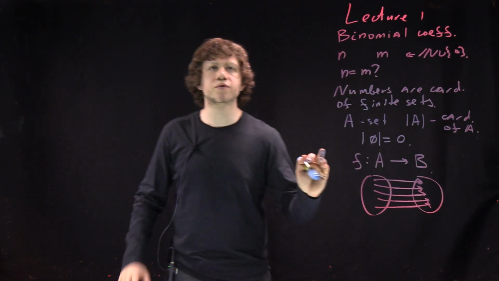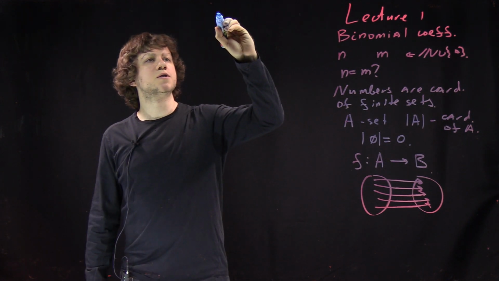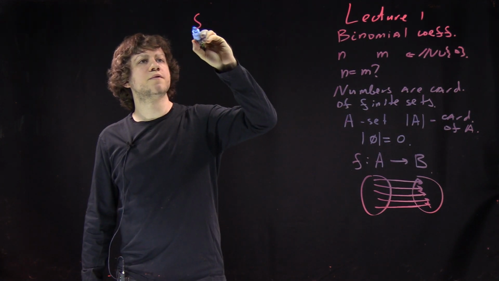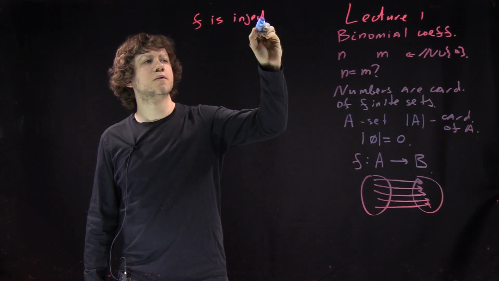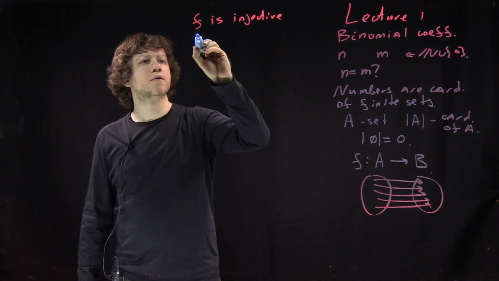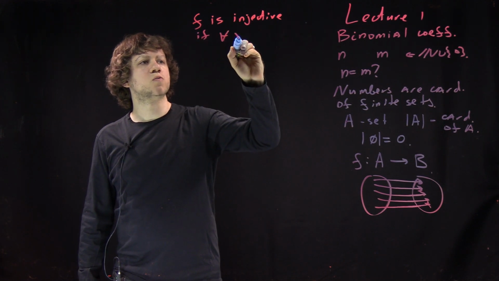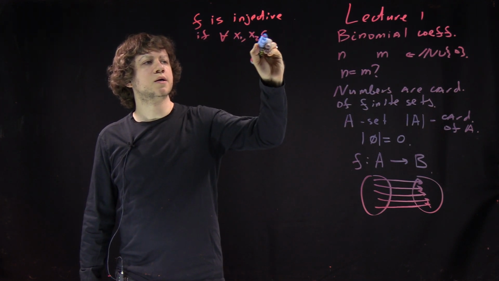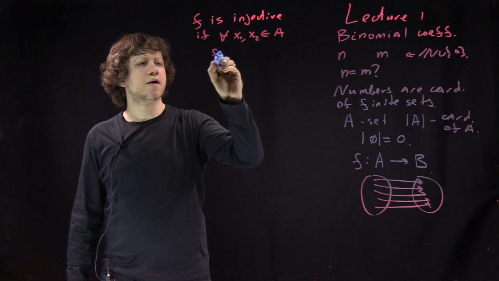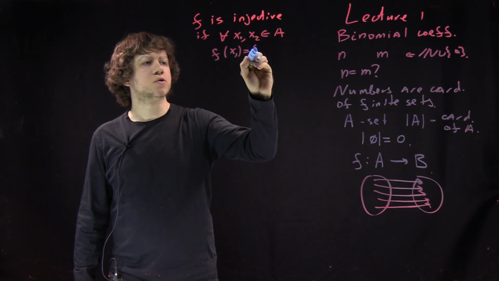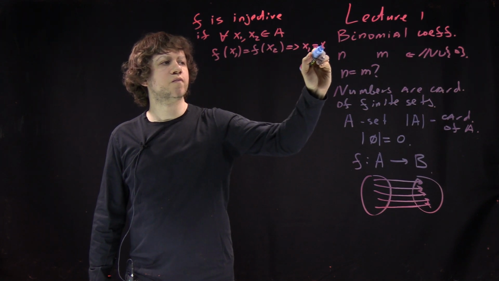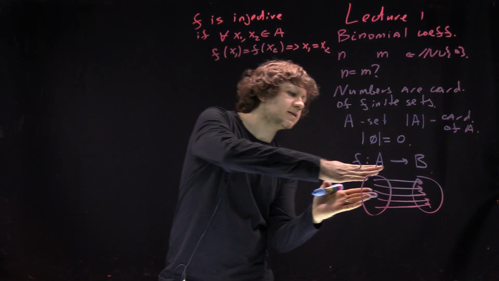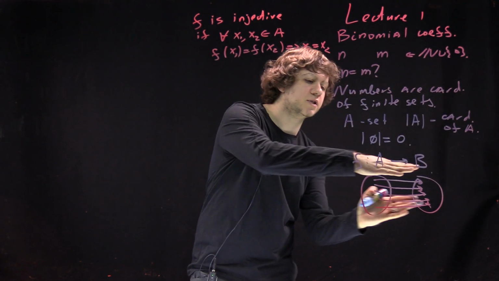And then there are three important definitions. So F is injective if for every x1 and x2 inside A, if f of x1 equals f of x2, then x1 equals x2. So an injective map is a map which sends different elements to different elements.